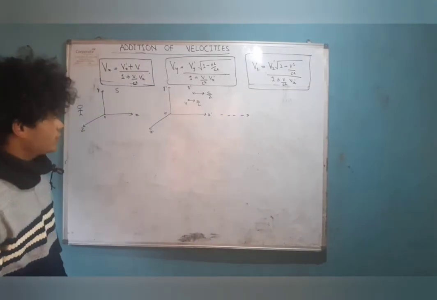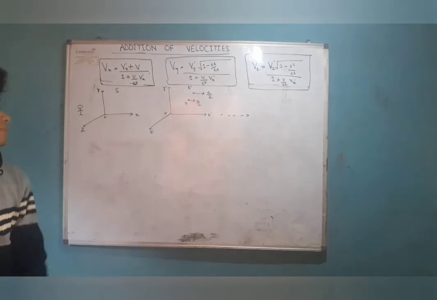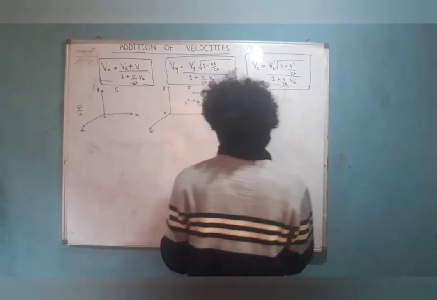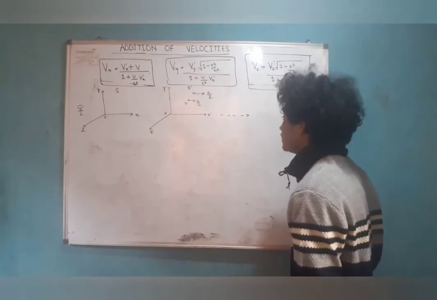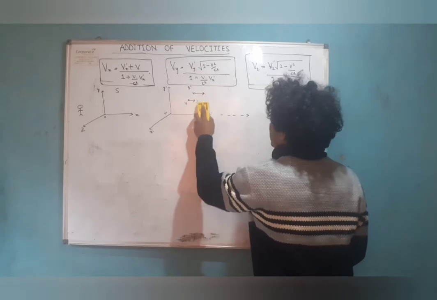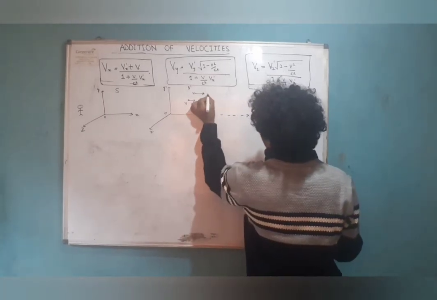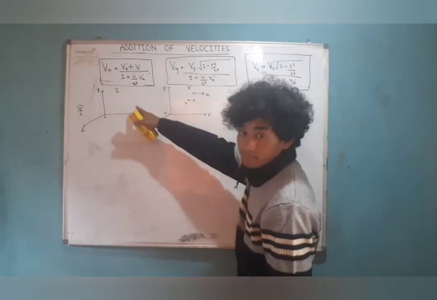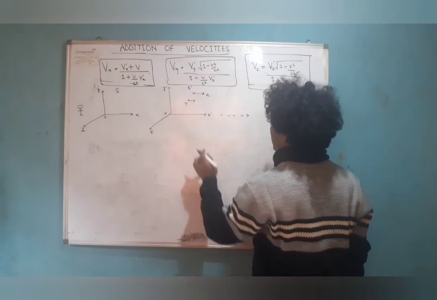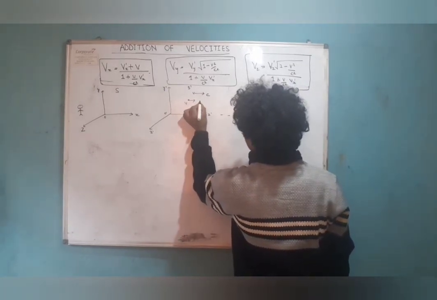So for the next question also, we are assuming the same two frames, S and S prime. Let this S prime frame move with velocity c relative to this S frame, and let this particle move with velocity c.